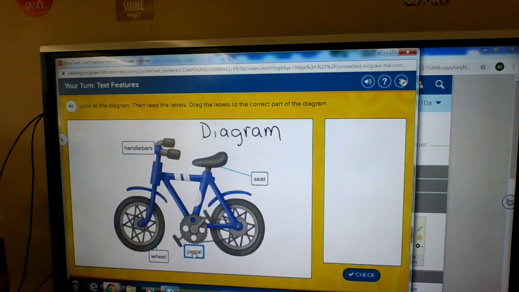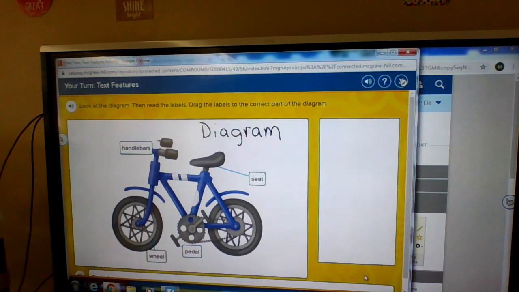You have to pedal the bike. Okay? This whole thing is called a diagram. We have handlebars, seat, wheel, and pedal. These words are called labels. They help you see what the parts are. Excellent work. Yay, we did excellent work on that.